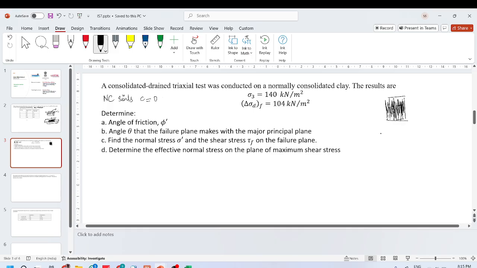When we say that the soil is normally consolidated, on an e-log sigma graph, when your soil is over consolidated, it shows a lower tendency for change in volume with increasing change in normal stress.